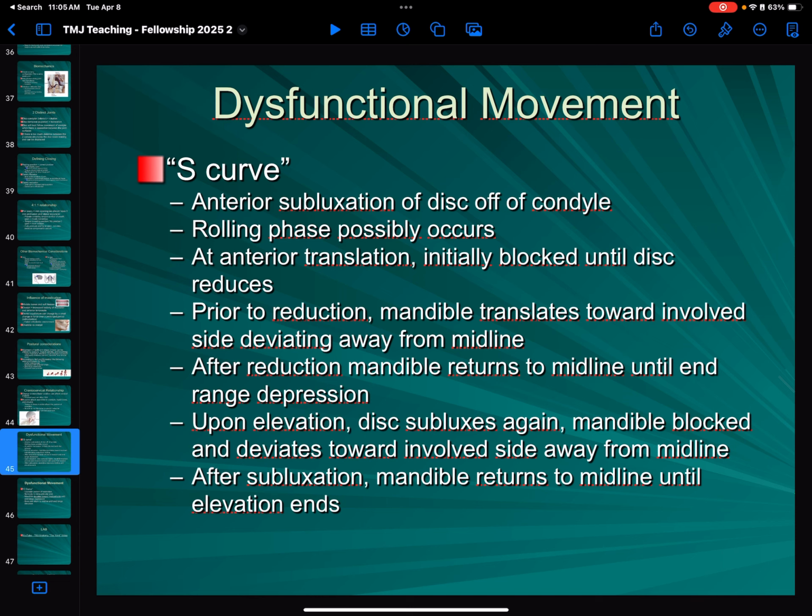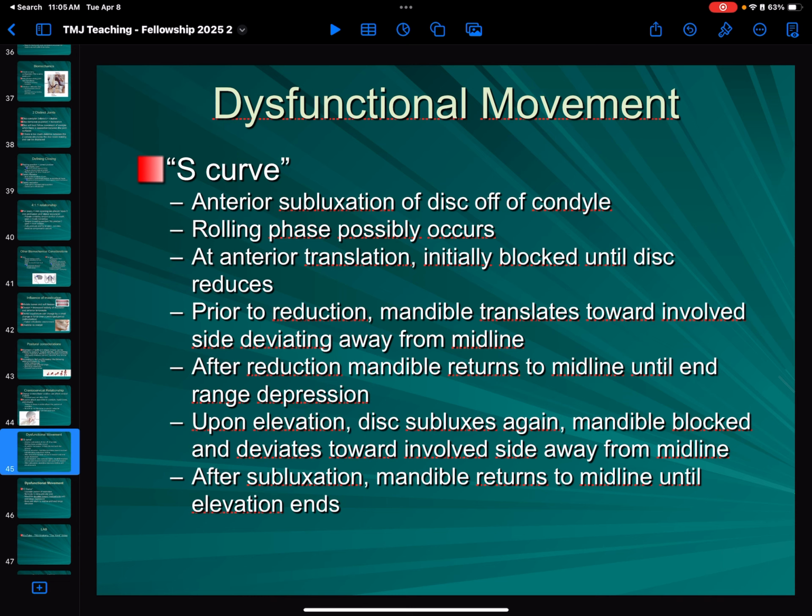Whereas a C curve, you're often going to see this is more of a capsular dysfunction, to where they're going to deviate towards the side of what? Of dysfunction, exactly. So they're going to deviate towards the side, and then once they've deviated, there can be, again, this sliding back into the proper position.